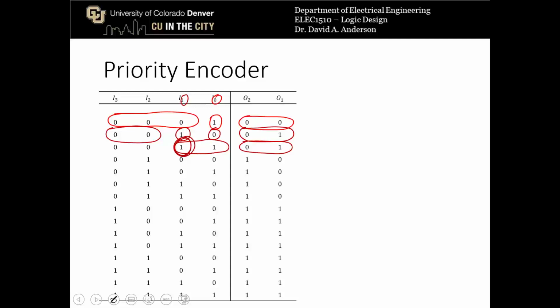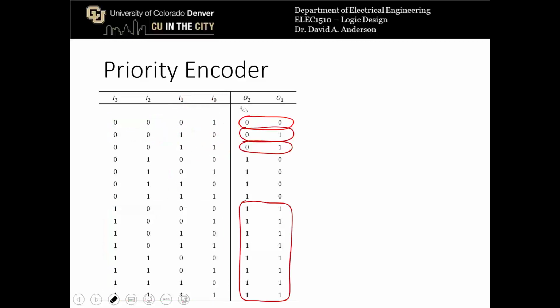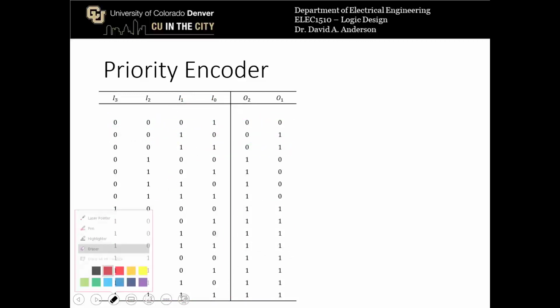Okay, so then you can fast forward through all of this and see that for all of these inputs where priority level 3 inputs have arrived, we're going to report out 3, no matter what is going on with the lower priority inputs. All right, so we're also missing a scenario in here, which is when no inputs have arrived.